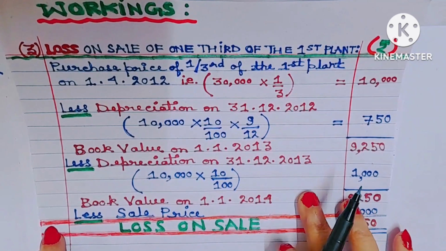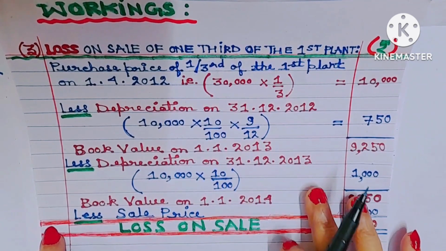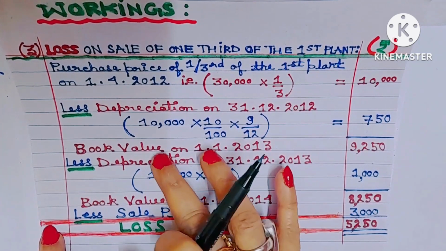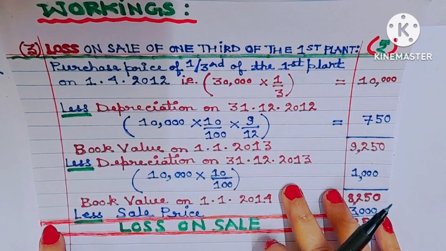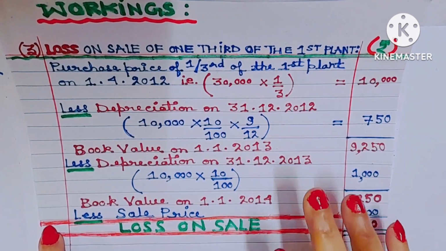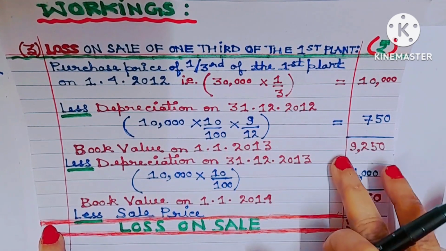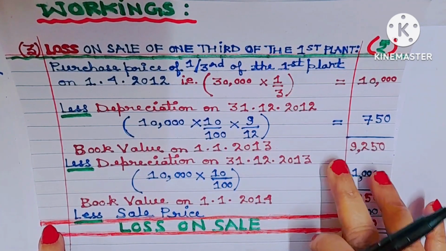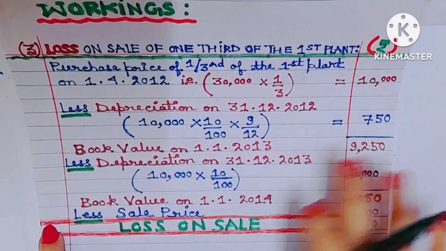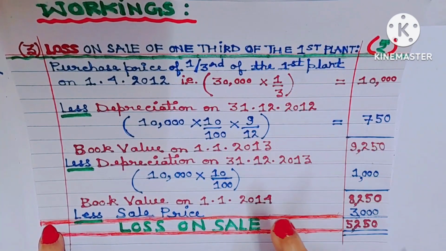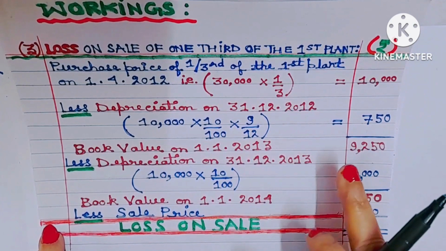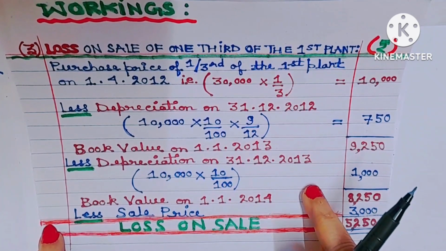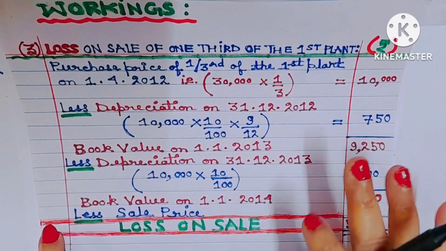Therefore, this method is also known as the fixed installment method. We don't have to charge depreciation on the book value. Under the written down value method, or WDV, we have to charge depreciation on the book value, or on the reducing balance of the asset, not on the original cost. But under the straight line method, or fixed installment method, or SLM in short form, we have to charge depreciation every year on the original cost.